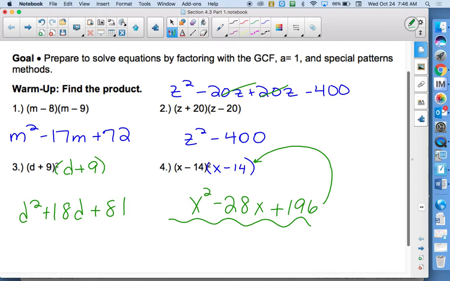Factoring is taking a problem and changing it to multiplication. So our answers will look like quantities in parentheses instead of having something multiplied out. So this is standard form. We'll be taking it into factored form. And there are other 2 types of problems that are a little different.